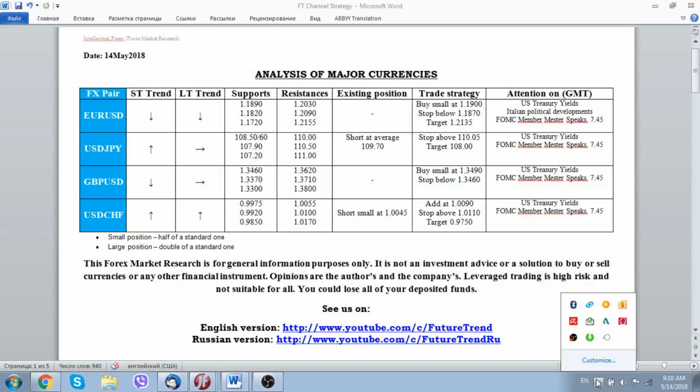For example, we will have a Draghi speech in the middle of the week, as well as tomorrow a very special, a very interesting economic release from the United States in the form of the retail sales report.